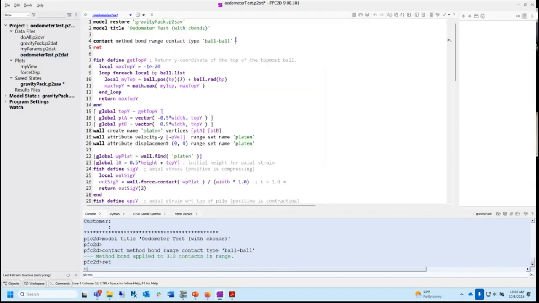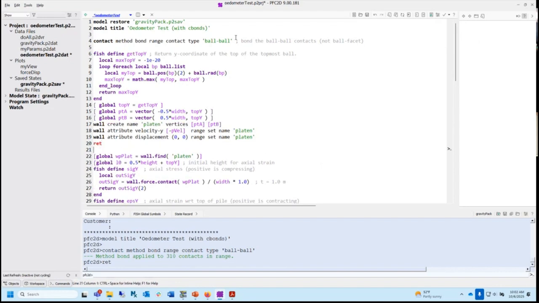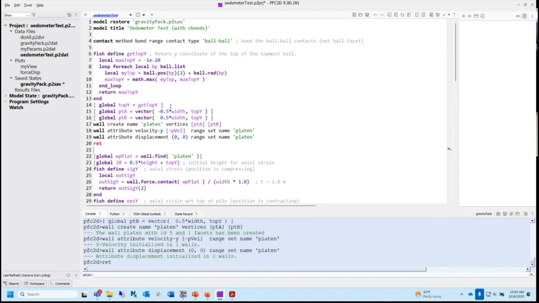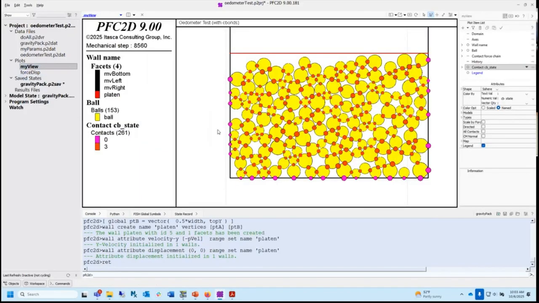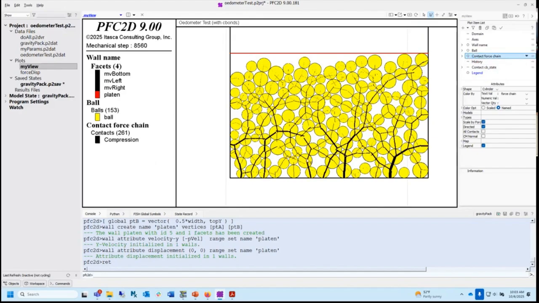So this is add contact bonds, or not add, they're already contacts, bond the ball contacts, not ball-wall, not ball-facet. Okay, so now we have something bonded. Let's see if we get up to here. Great, turn that off. There we go. We didn't affect anything. We just changed the state, so now it's bonded, okay?